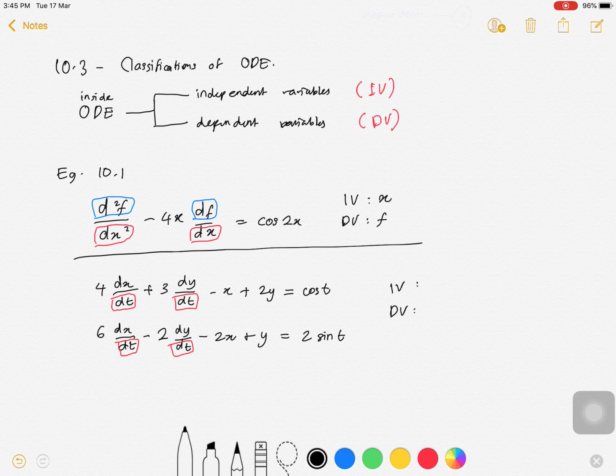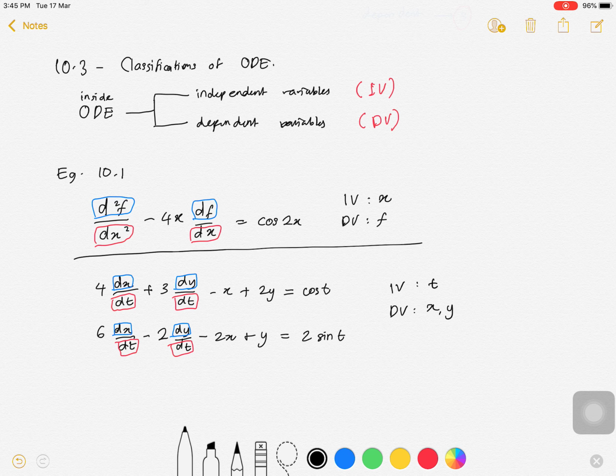So t is the independent variable, and the dependent variables are x and y.